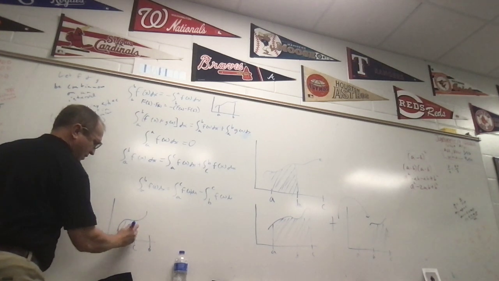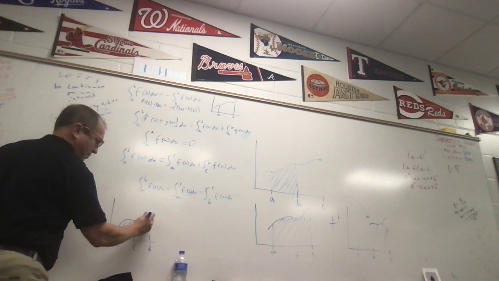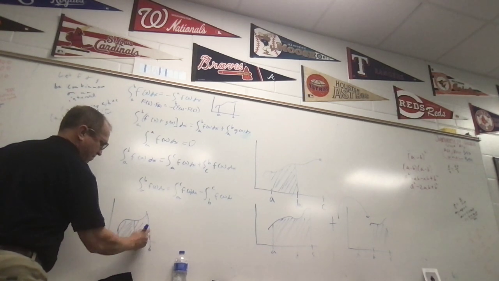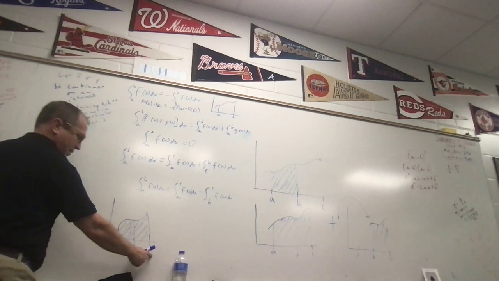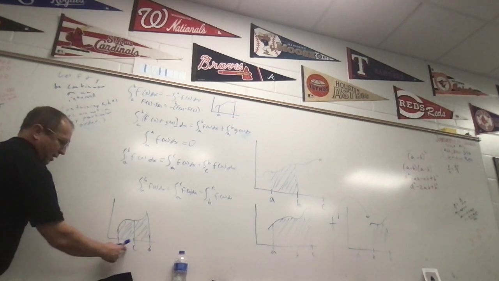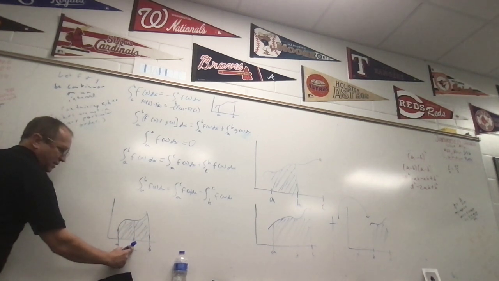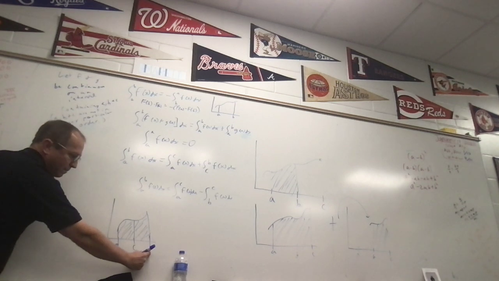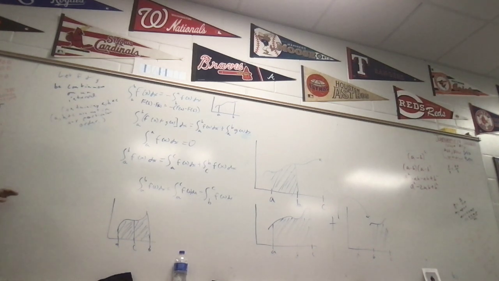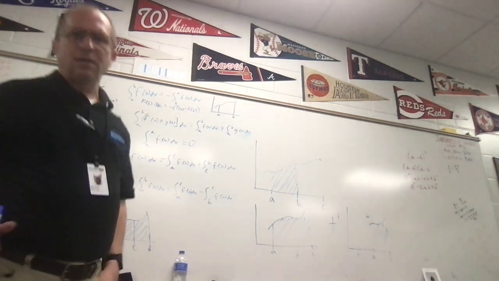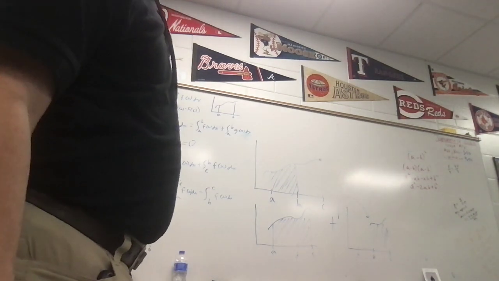You've got A to C plus C to B. Well, A to C plus C to B would equal A to B. So that's the easiest way to see it. Are there any questions there? All right, so those are our properties of definite integrals.